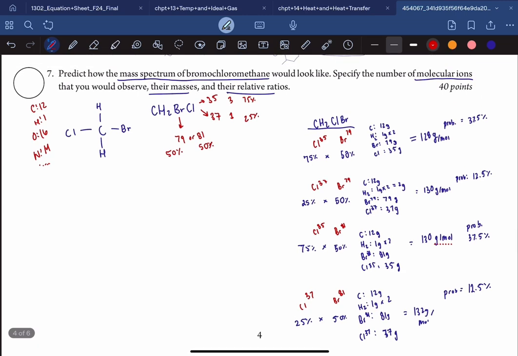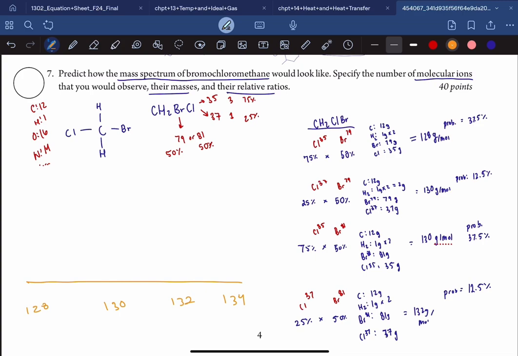So whenever you have isotopes of the same weight and you want to do a mass spectrum, you are going to combine their probabilities into one big peak, because what the mass spec tells you is the weight of these ions. So mass spec down here, you're going to have the weight, like 128, 130, 132, 134, whatever.